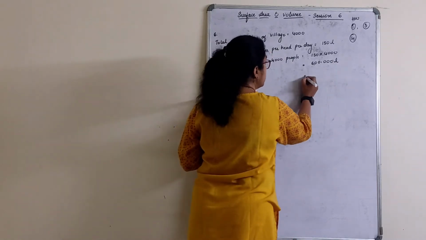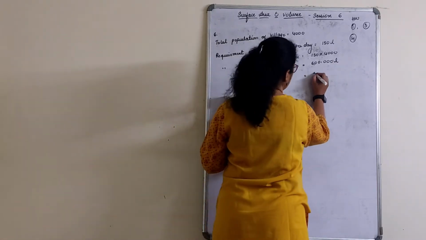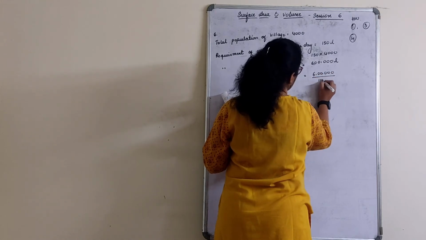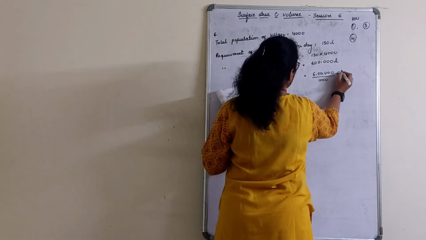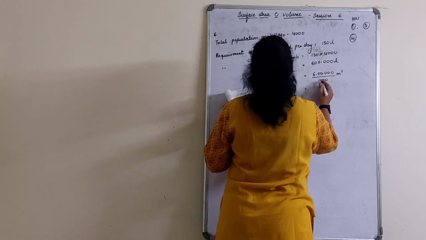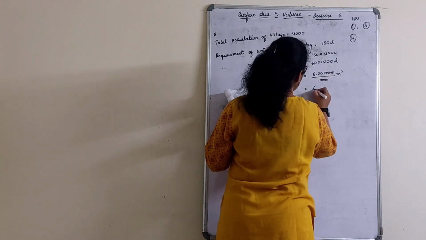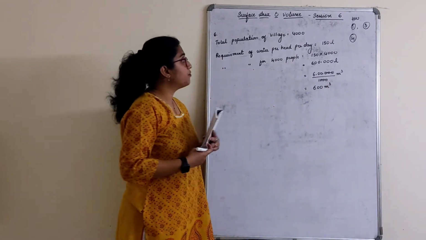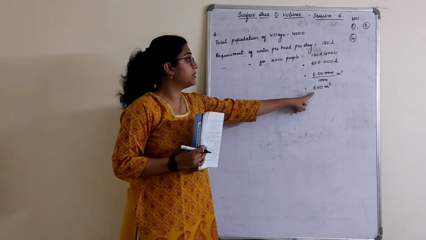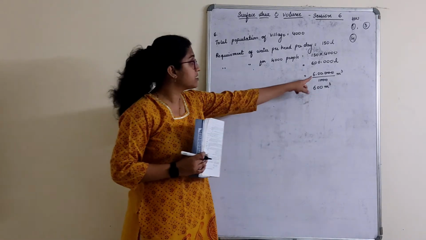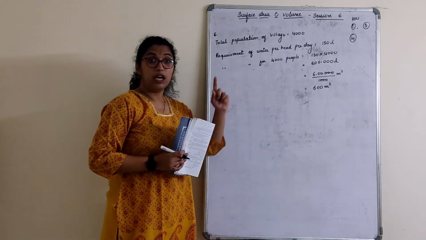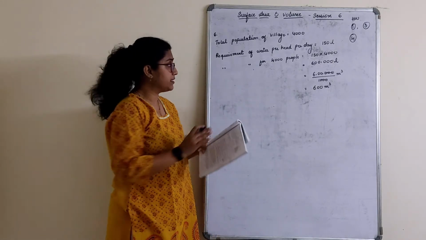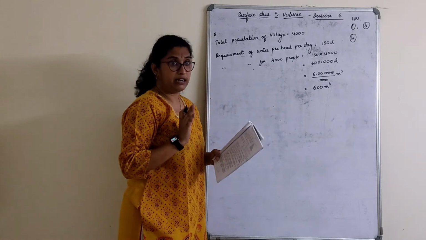Let us convert this in terms of meter cube now. So that will be 3 zeros, 600 meter cube. Requirement of water for 4,000 people would be 600 meter cube, that is nothing but 6 lakh liters. We converted liters in terms of meter cube here because the whole question is in terms of meters.